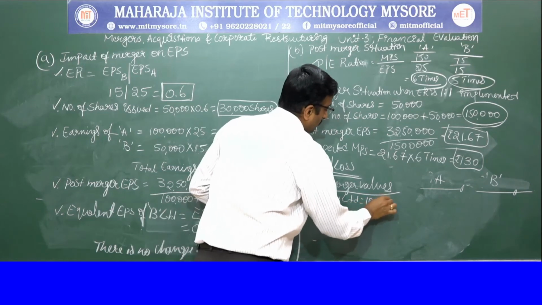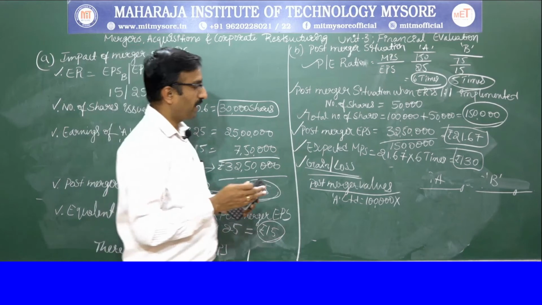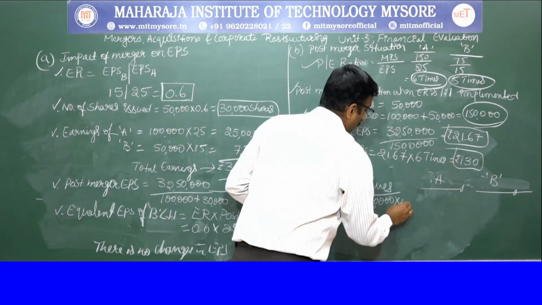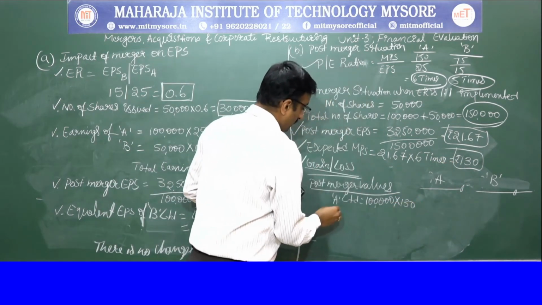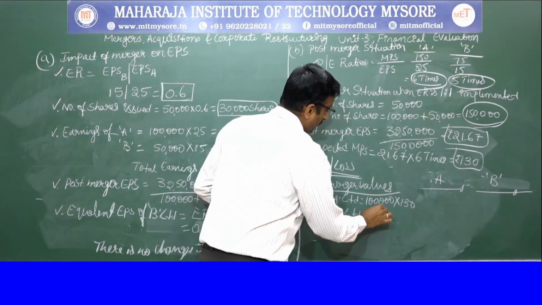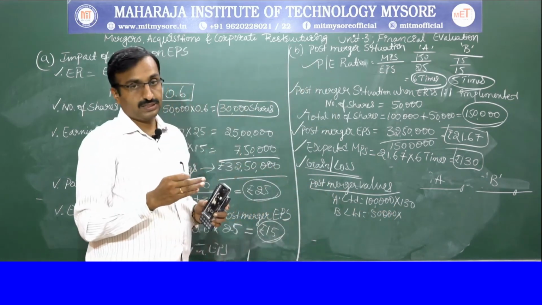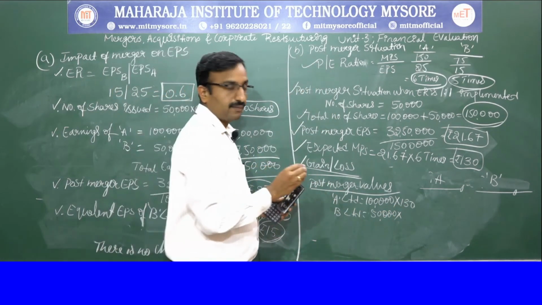For A Limited it is 1 lakh into price per share. Price per share is 130. For B Limited it is 50,000 shares into the same 130.